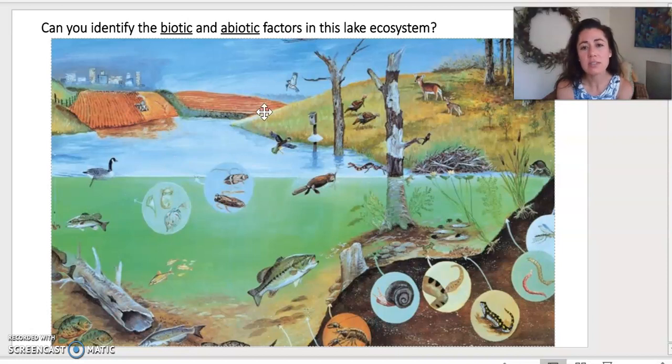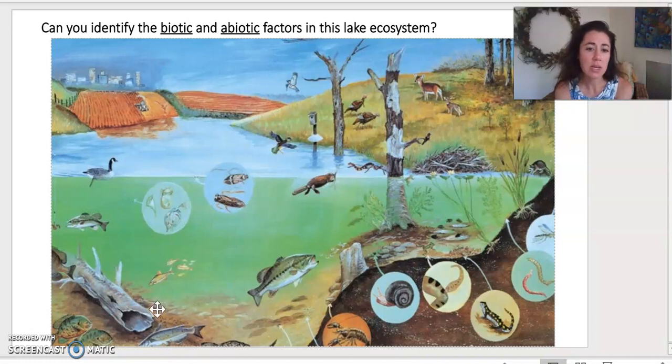I can look over here in the distance and make an inference that this might be some farming land, maybe a city in the background, and so this might be runoff into the water, and it might include toxins or pollution or other minerals that are also abiotic factors. I can look at the temperature of my ecosystem here. I can take note of pollution in the sky or the air quality.